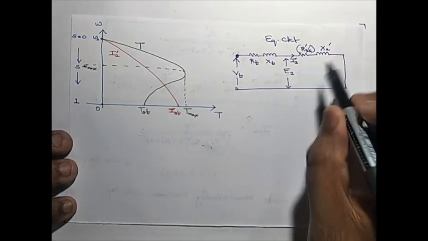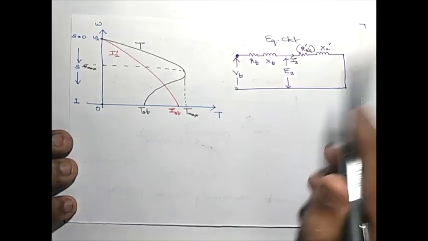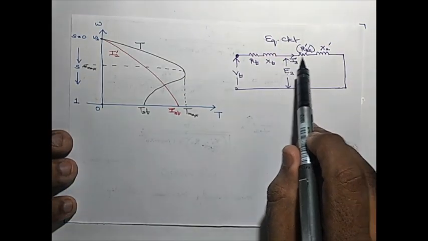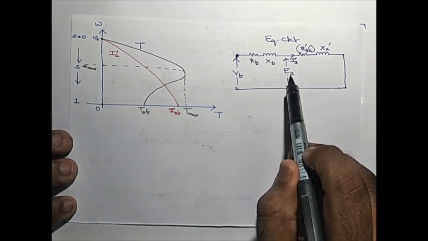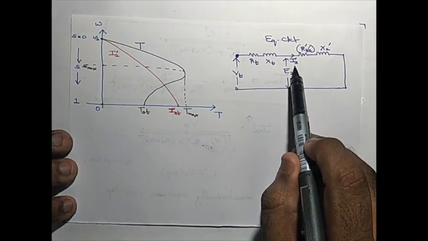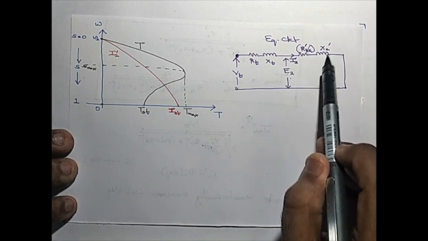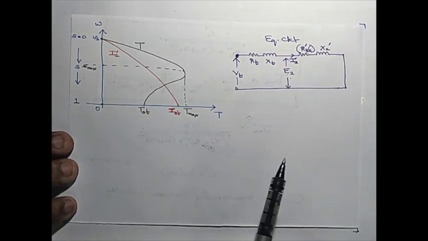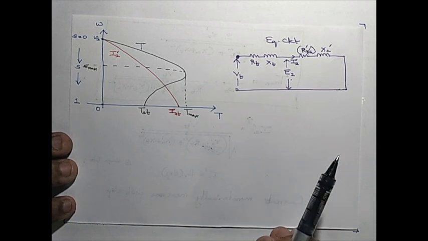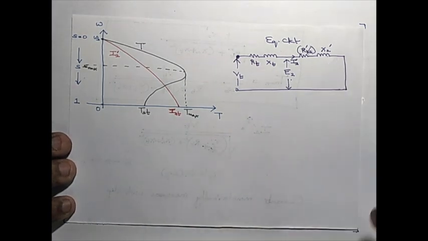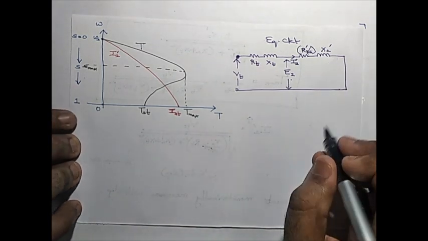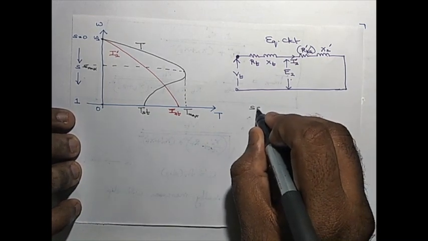Now we will focus only on the secondary rotor side, from E2 till this portion. That is, the induced voltage is E2, the rotor current is I2 dash, R2 dash by S is the resistance, and X2 dash is the rotor leakage inductance. Actually, it's reactance.